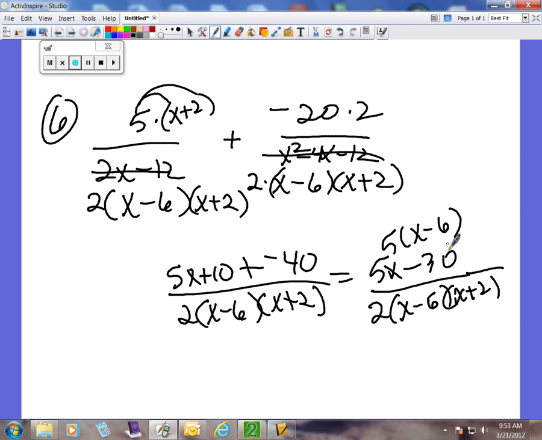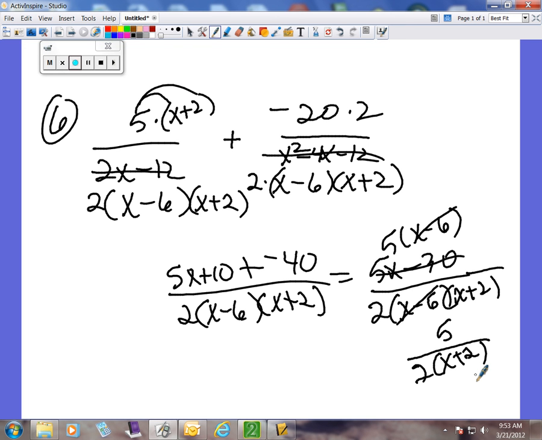If that can happen, don't try to make it happen. But if it can, I'm going to give bonus points for people that recognize times you can simplify. But don't go all crazy on me with canceling. But now you see this, these cancel, and my final answer really would be 5 on top, 2 parentheses x plus 2.